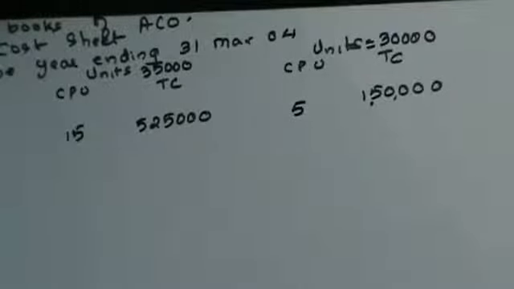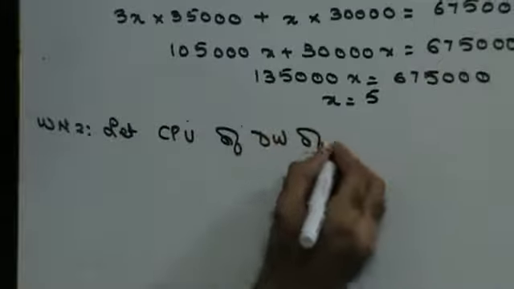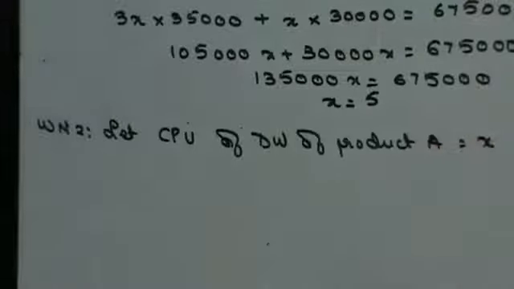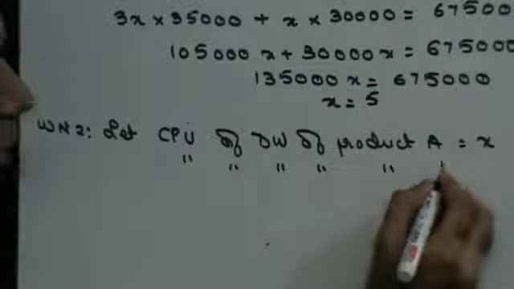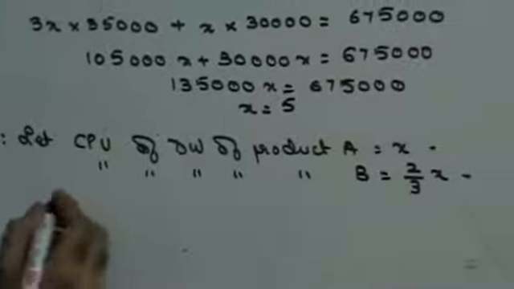Direct wages per unit of product B is 2/3 that of product A. Right? Working note 2. Let CPU of direct wages of product A be equal to X. Now they are saying that the direct wages per unit of product B is 2/3 that of A. Therefore, CPU of direct wages of product B is 2/3 of X. How do I solve this?